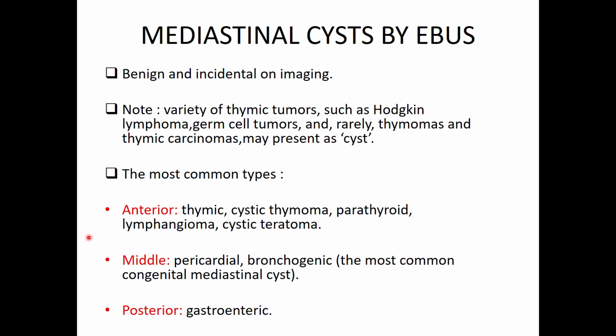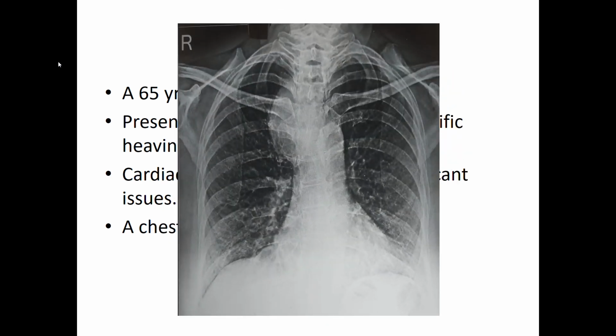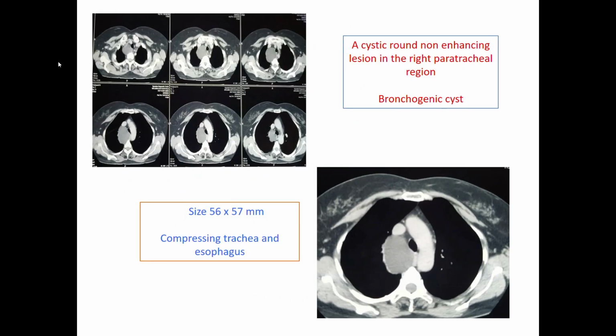This is a 65-year-old female who presented with non-specific heaviness in the retrosternal region. Cardiac evaluation revealed no significant issue, and this is the chest X-ray. On CT scan, we can clearly see a cystic, round, non-enhancing lesion in the right paratracheal region, with a probable suspicion of bronchogenic cyst compressing the trachea.